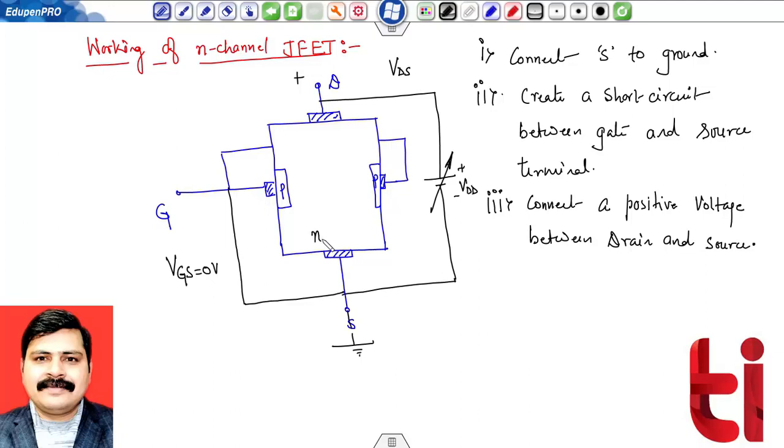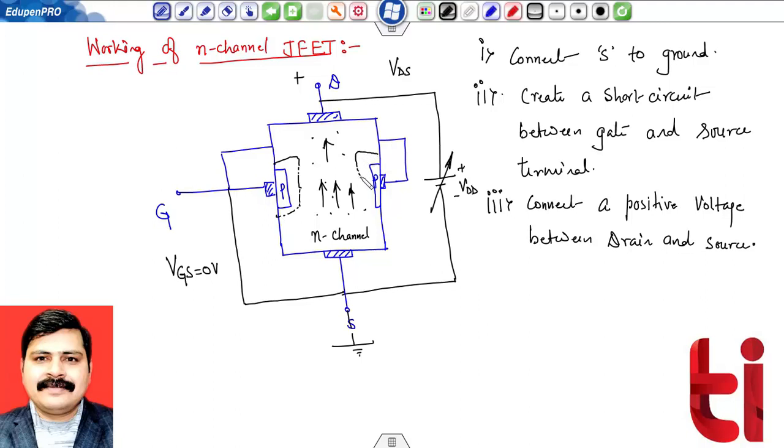So as this was my N channel, and in this N channel majority carriers are electrons. Okay, so depending upon the value of this voltage, these electrons will move from source to the drain side, and as there is a creation of voltage, there will be a depletion region creation across the PN junction.